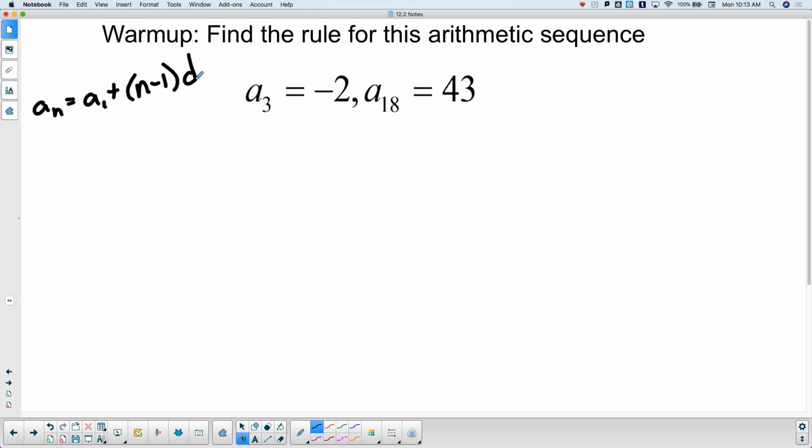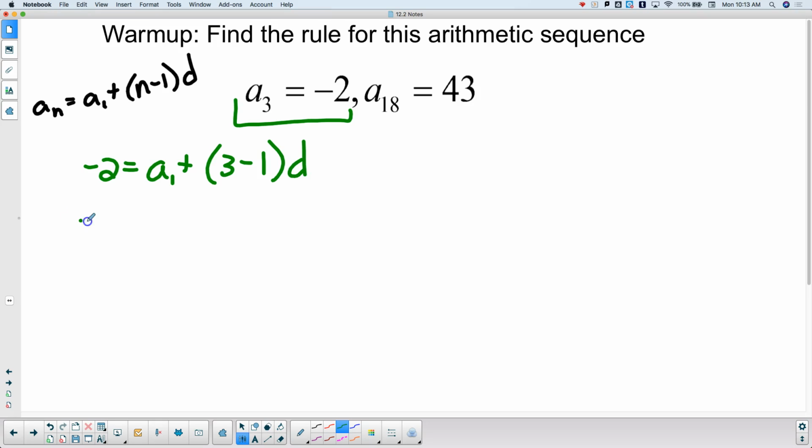So if I'm going to find the rule, the first one I'm going to use is this one, and I'm going to say that negative 2 is equal to my first term plus 3 minus 1 times d. I don't know my first term, and I don't know my common difference because I don't have two consecutive terms. Simplifying that gets me to a sub 1 plus 2d.